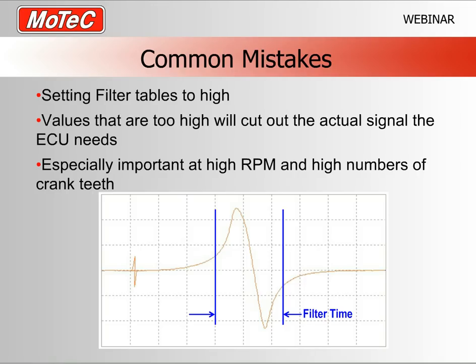I find a lot of problems with people setting the filter time too long at high RPM, and a fairly good indicator is the engine will rev, we'll get to say 6,000 RPM, the filter time's too long, and quite simply the engine shuts down at 6,000 revs. So make sure that the filter time gets smaller with RPM. As the RPM gets faster, those signals get shorter and shorter. So your filter time needs to get shorter and shorter to match. So over filtering, fairly common mistake.